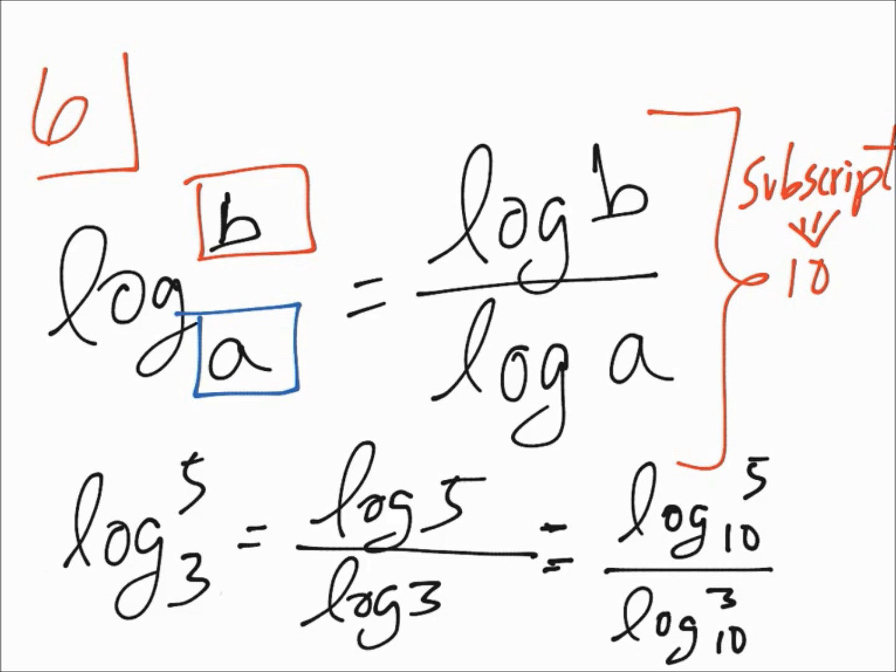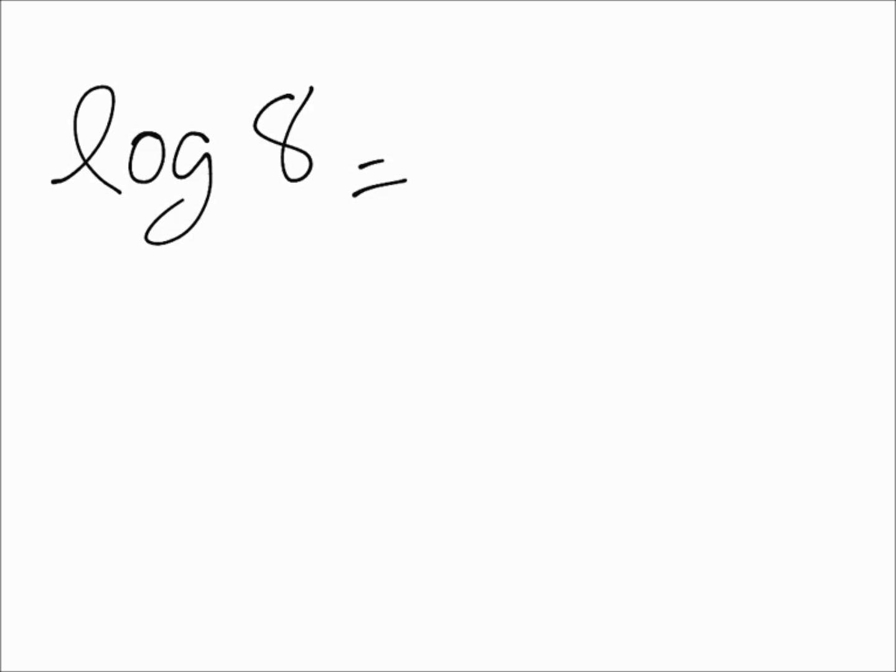You may be wondering what happens to something like this. Log of 8, let's say. I mean, can you separate it? Can you separate it using the same rule? Yeah, you can, but let's see what happens. So this means that the subscript in this case is 10, right?